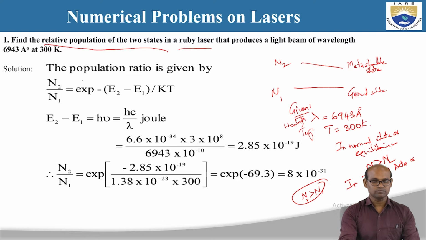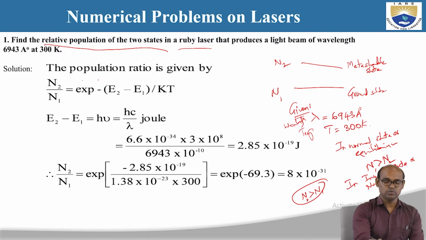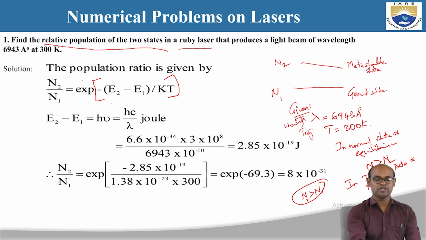The formula for the population ratio, or relative population, between these two states N1 and N2 is: N2 by N1 is equal to exponential of minus (E2 minus E1) by KT.